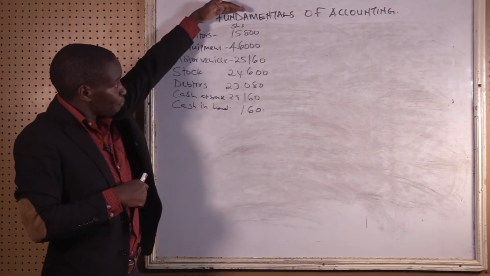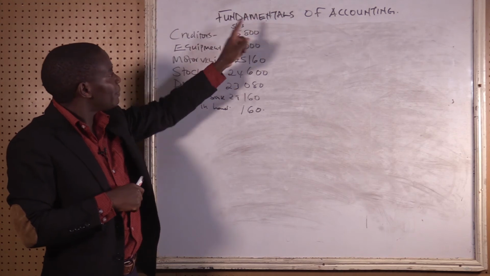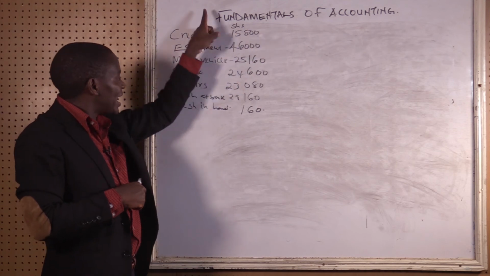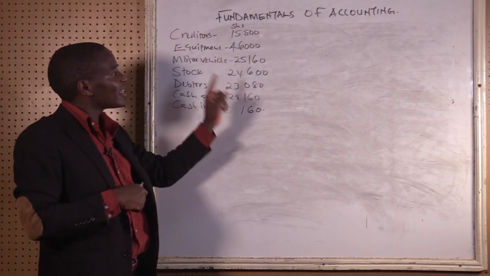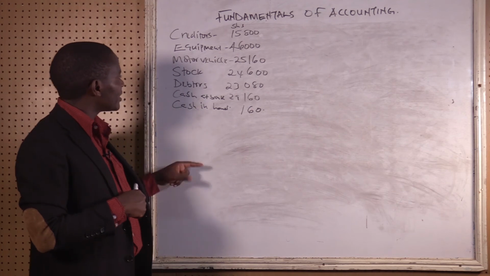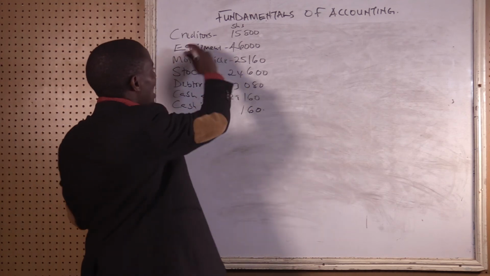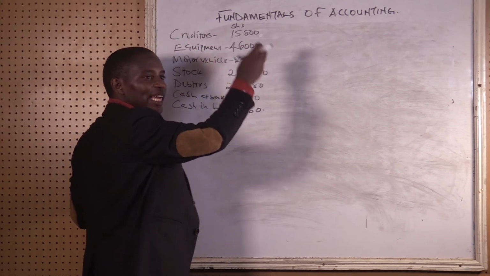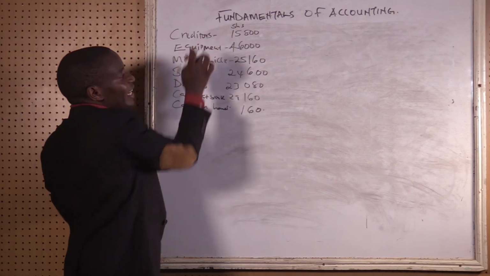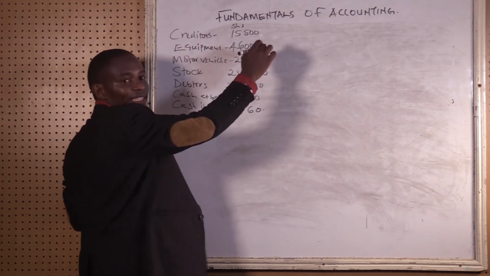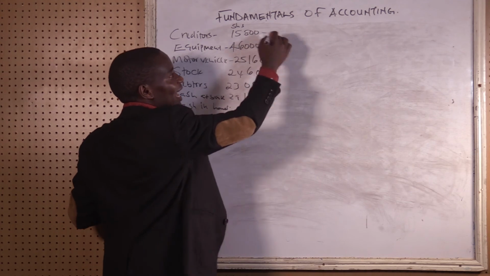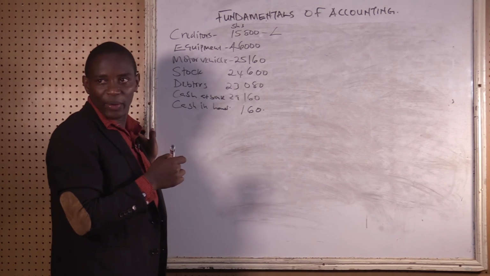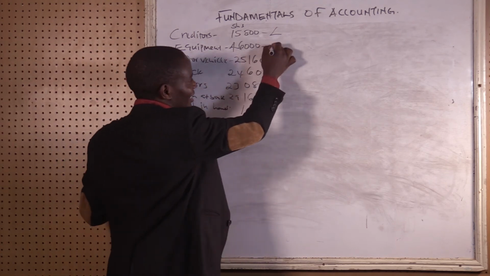Class, you remember in the previous example that you've just done, we started by identifying the items either as assets, capital, or liabilities. So class, let's identify these items. Creditors, they are supposed to be what? These ones are liabilities. Equipments, we say they are non-current assets.